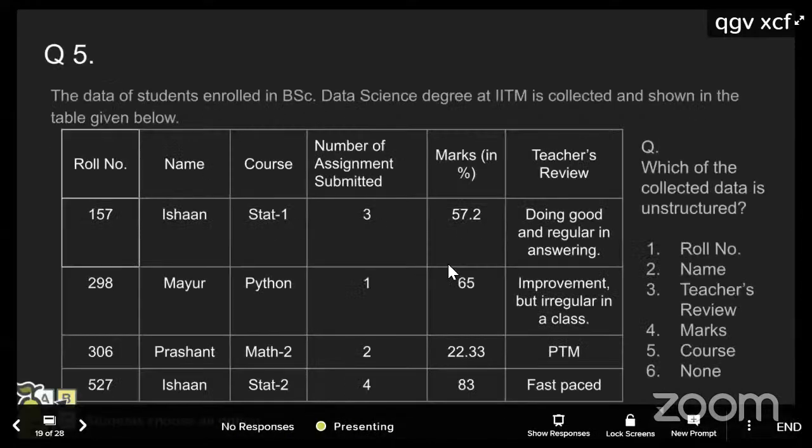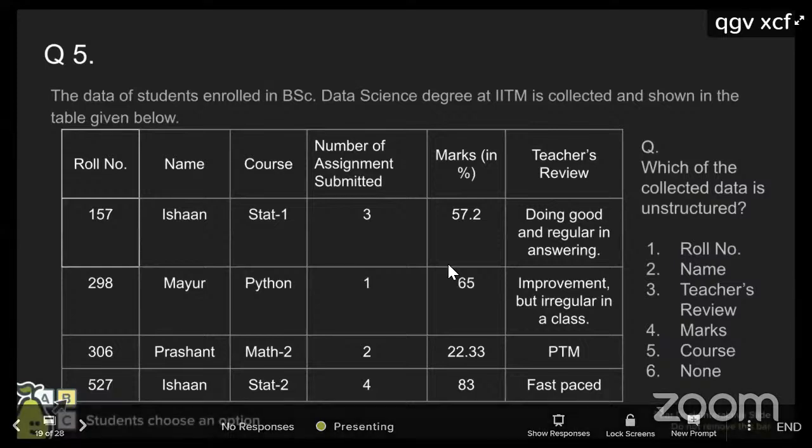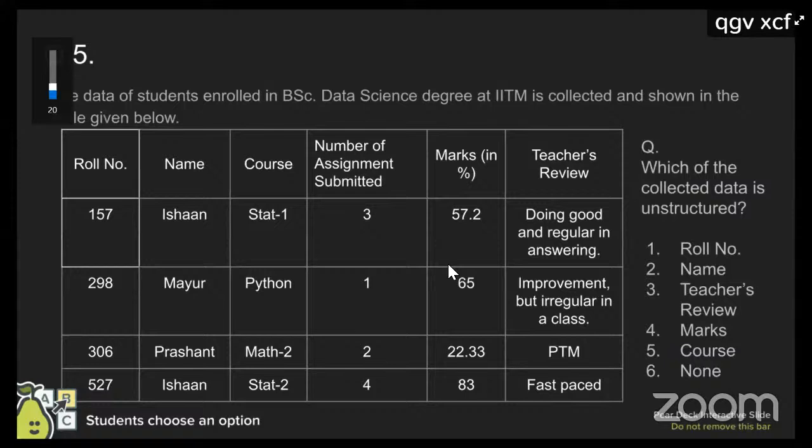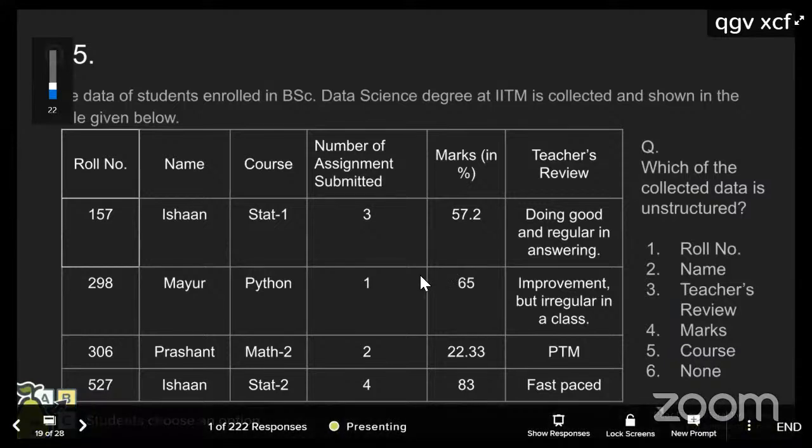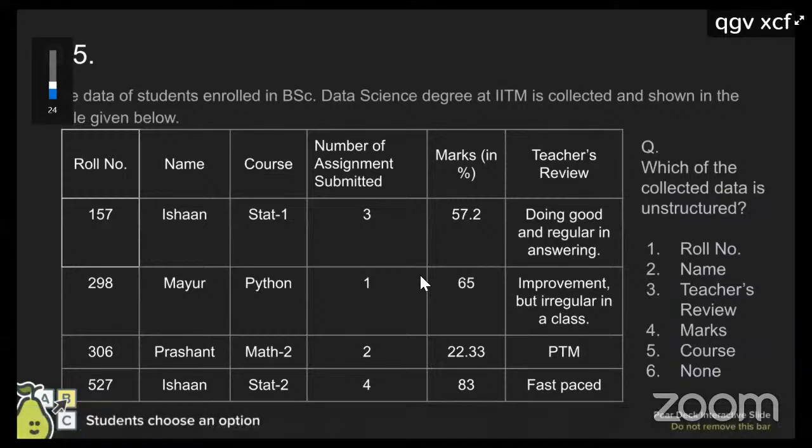Sir, you are saying that if absolute zero is fulfilled, then it is a ratio. But should I consider logically that the number of assignments submitted can be zero? In the data you have given in the table, there is no zero.